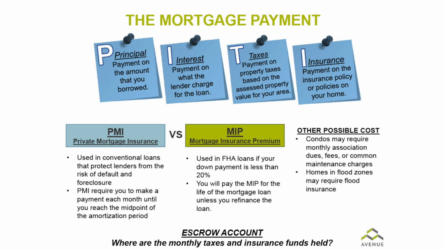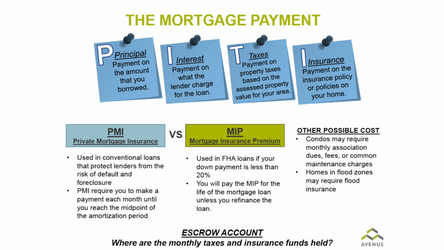Your PMI is your private mortgage insurance. That's used only on conventional loans to protect the lenders from the risk of default. That was that 20%. They determined that 20% is the average amount that once you've put 20% into the house, the chances are you're not going to lose it.